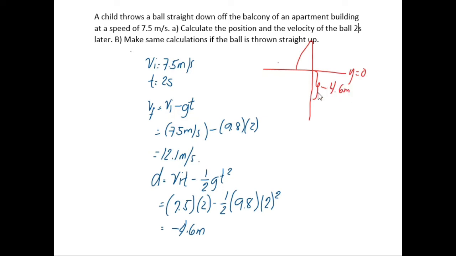Therefore, at 2 seconds, it's already moving downwards. And then the velocity is equivalent to negative 12.1 meters per second. Let's have the sign here again, that is negative.